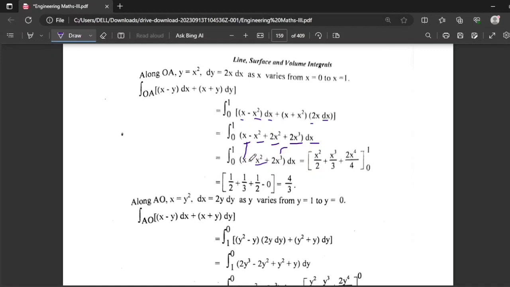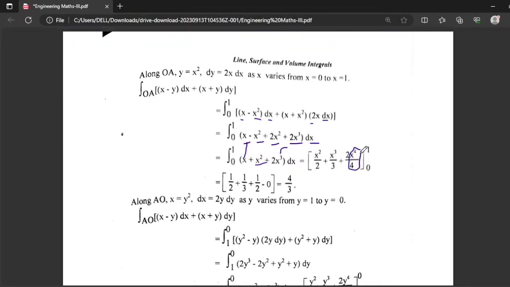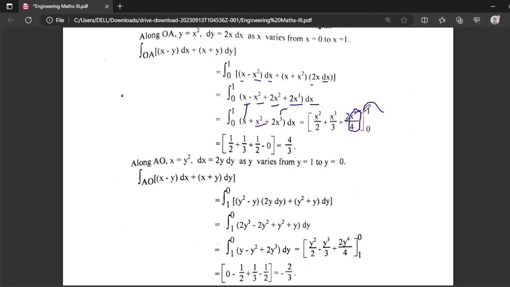So integration of x is x square by 2, integration of x square is x cube by 3, integration of x cube is x to the 4 by 4, and 2 remains the same. Plugging the upper limit we get 1 by 2 plus 1 by 3 plus 2 by 4, and plugging the lower limit we get all 0. Simplifying this, we get 4 divided by 3.